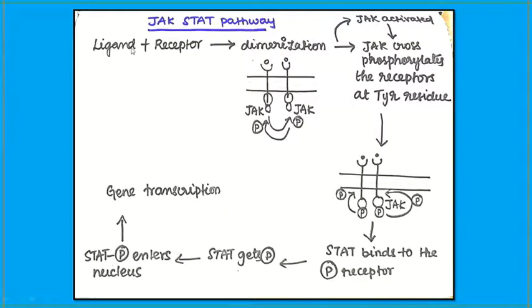So what happens here? Ligand binds to the receptor. Same thing everywhere. That will cause dimerization of the receptor. So these events are common in enzyme linked receptors: ligand binding to the receptor, then dimerization, then autophosphorylation, then activation of adaptor protein.